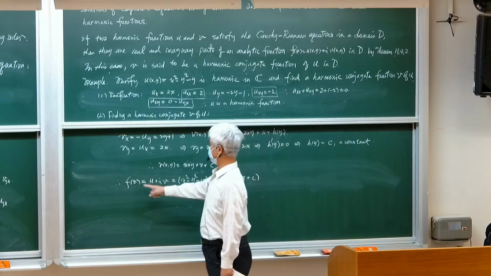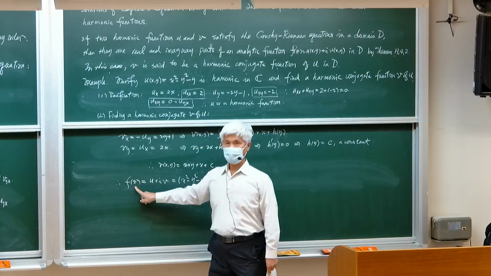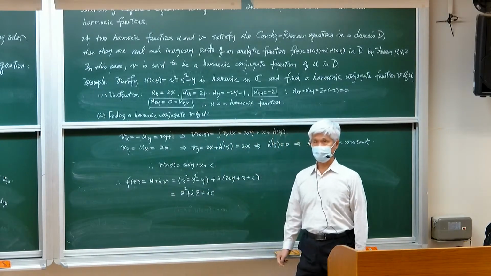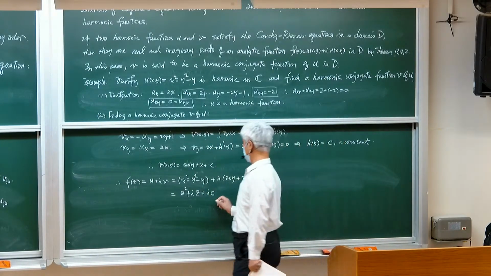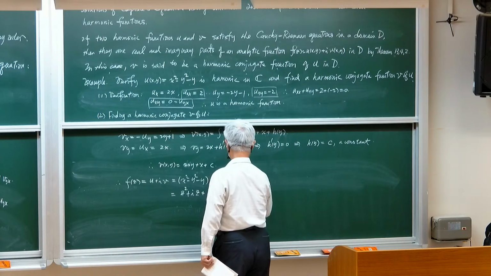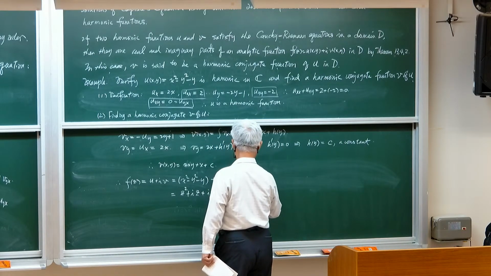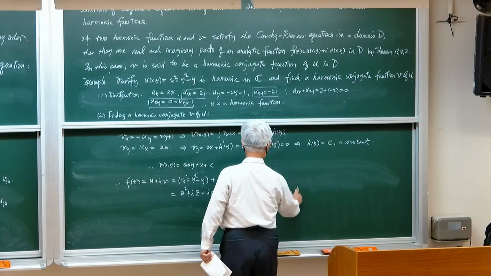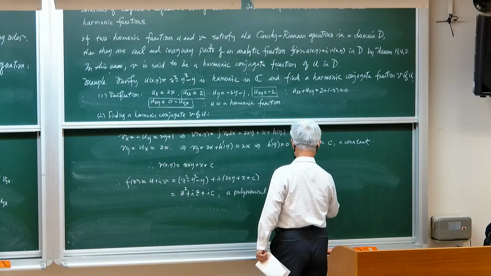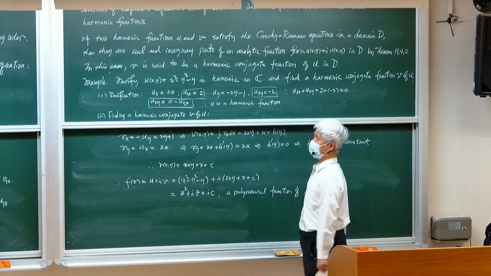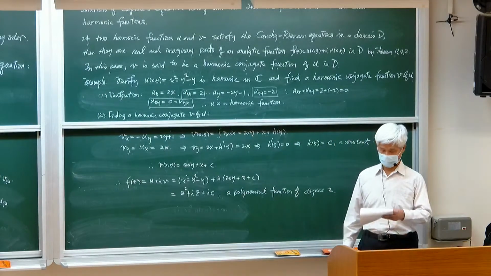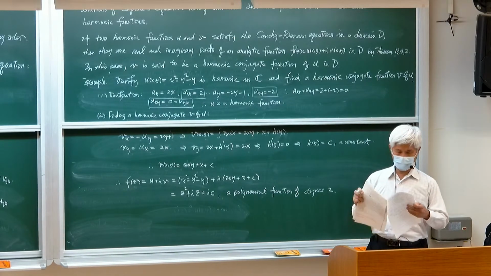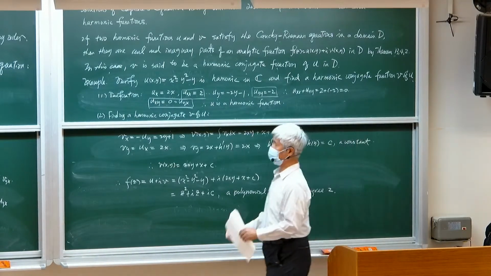If you construct the complex function with u and v, you find this is a polynomial function of degree 2. Very interesting. Okay, so any questions?